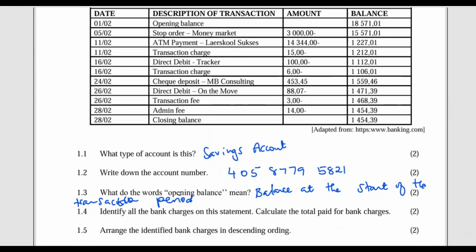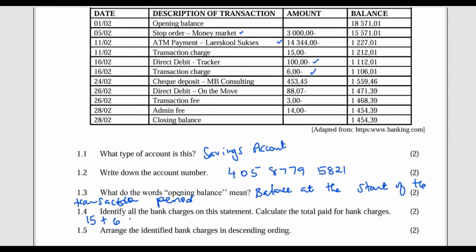Then identify all the bank charges on the statement and calculate the total paid for the bank charges. With the opening balance, of course, there's no transaction, you're just carrying over the money. But there's this top order, which is by the money market. There's an ATM payment, and a transaction charge of 15 rands. Plus there's a direct debit, which is the tracker, so this is taken away, and then there's a transaction charge of 6 rands.